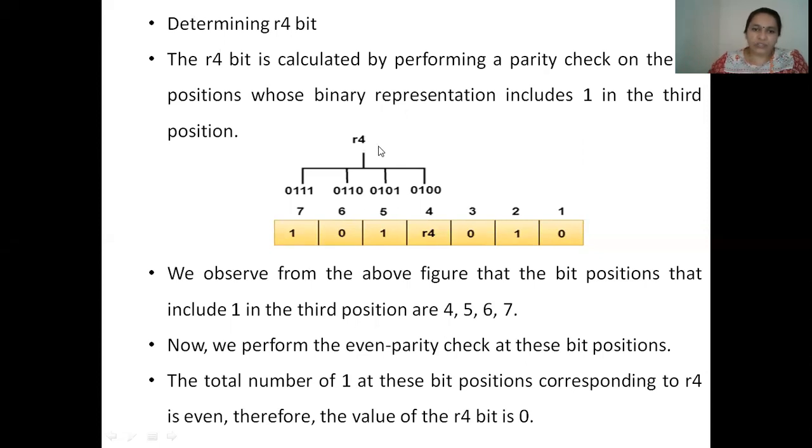The bit positions which have 1 in their 3rd bit positions are 4, 5, 6, and 7. Now we check the parity of the data bits. The data bits are 1, 0, 1. They are already in even parity. Therefore, R4 should be made 0 so that the 4-bit combination will be of even parity.